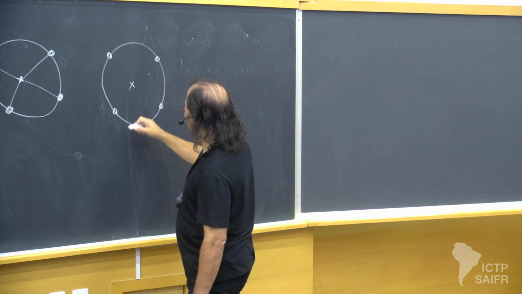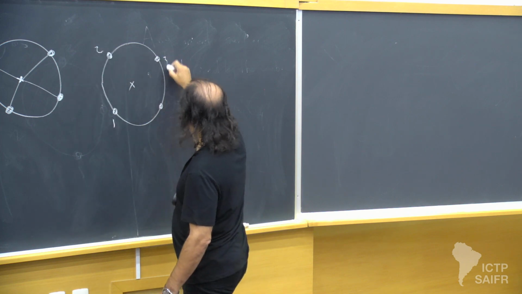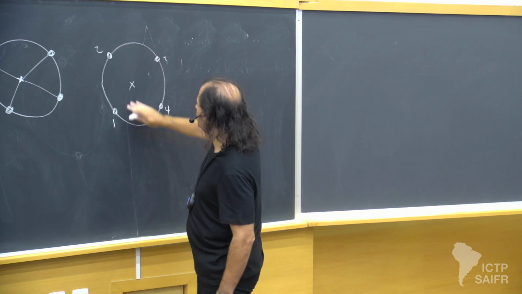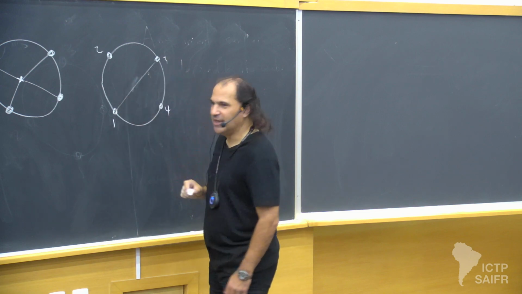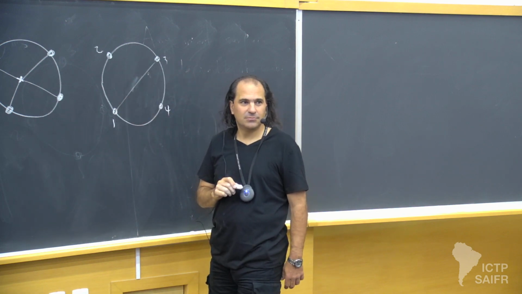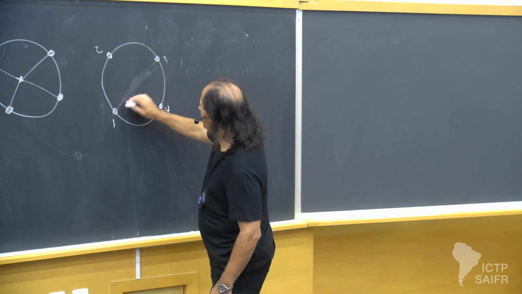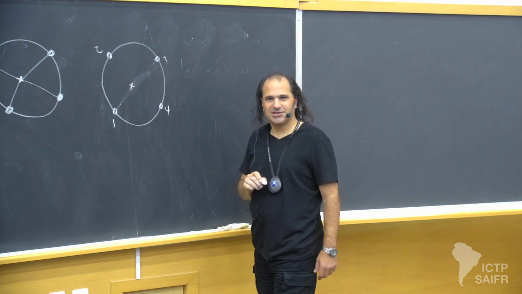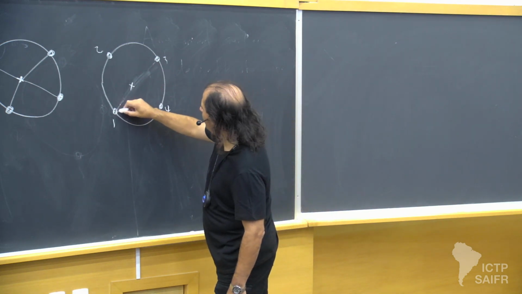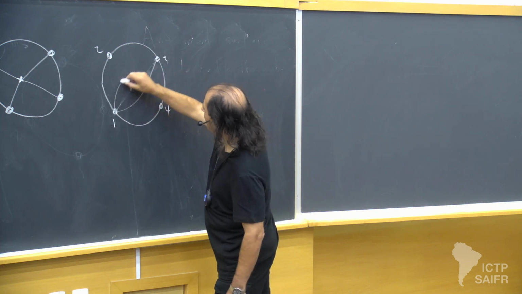I can have variables like I did before. For example, at 4 points at tree level, I had a variable like 1, 3, right? Now that I have a puncture, it's slightly more interesting because I can have a 1, 3 that goes around this way or a 1, 3 that goes around that way.